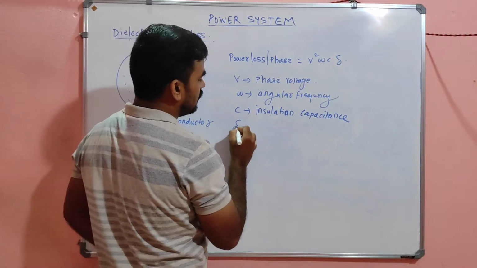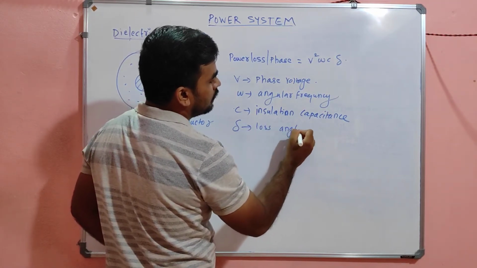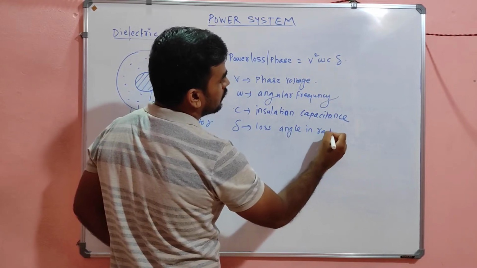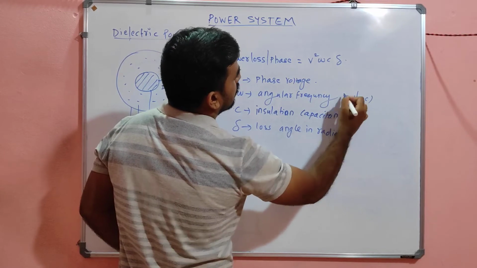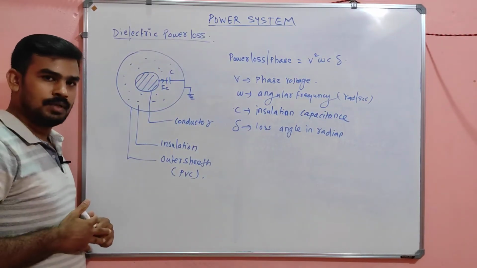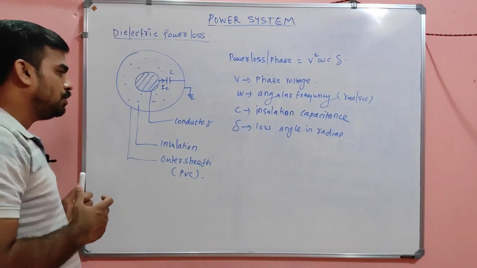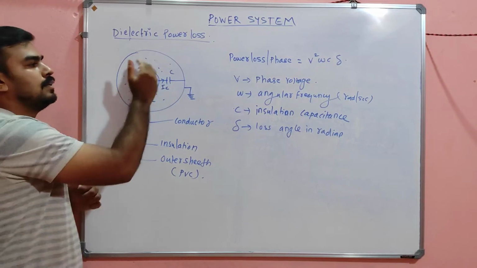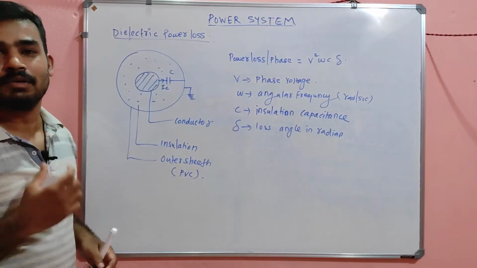And delta is a very important term, the loss angle in radian. Omega is in radian per second, and delta is in radian. In order to explain this loss angle, I have to make the equivalent circuit of this dielectric, the single core underground cable.